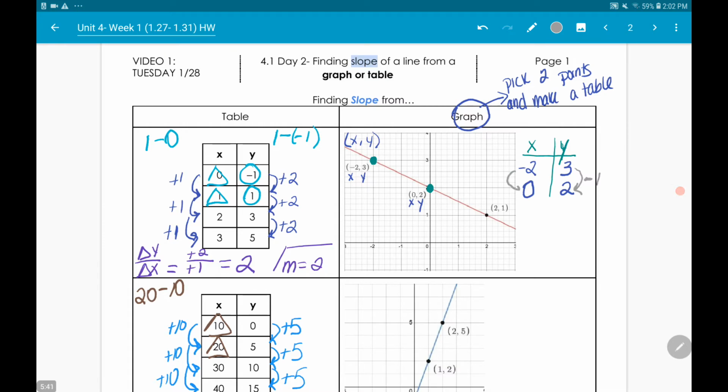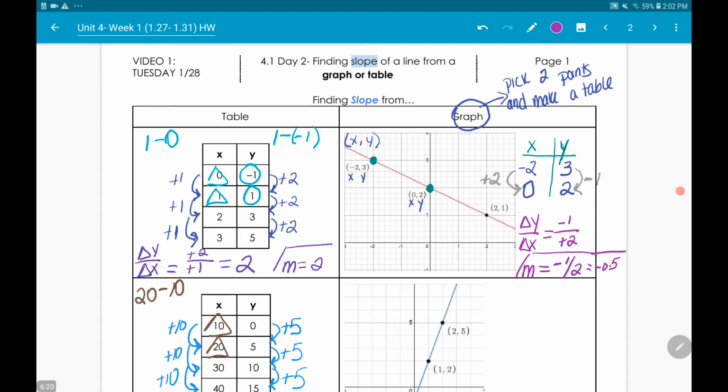And then from -2 to 0, remember -2 is less, and now I'm going to 0, so that's more, so I'm adding 2. Now let's find the actual slope. Change in y over change in x equals -1 over +2. So my m equals -1/2, or negative 0.5 if you put that in your calculator.